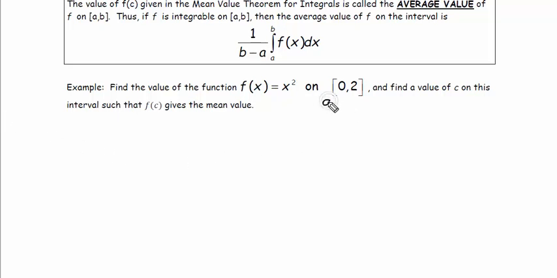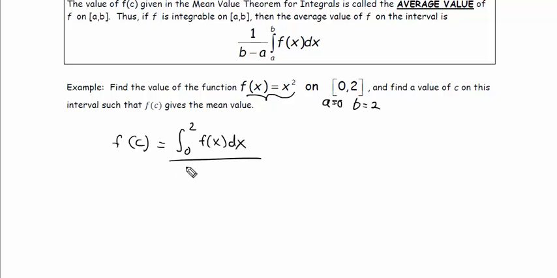We have a is equal to 0 and b is equal to 2, and we know what f of x is. So f of c will be the integral from 0 to 2 of f of x dx all over 2 minus 0.